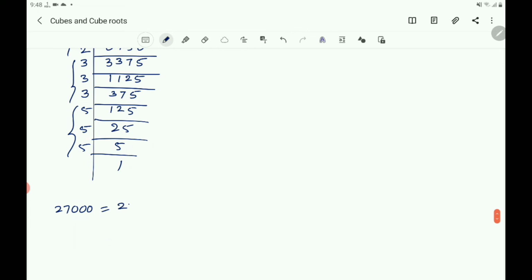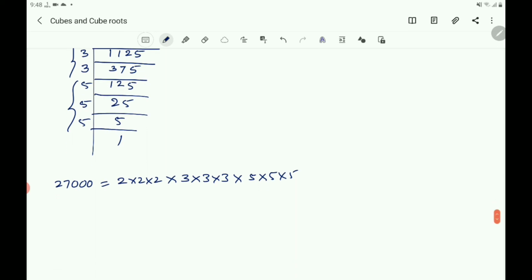So you write 2 into 2 into 2 into 3 into 3 into 3 into 5 into 5 into 5. Then you write 27,000 equals, here you make the group of triplets. For one triplet you take 1, 2, 3 and 5. 2 into 3 into 5 whole cube.